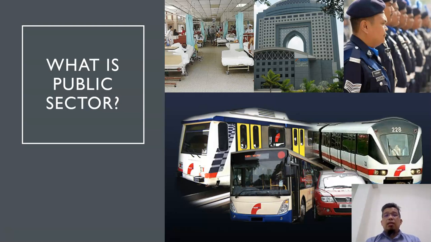So you can decide, there are services that are needed by the public but cannot be offered by the private sector, then definitely the public sector or government has to provide them. So basically public services are a result of market failure.